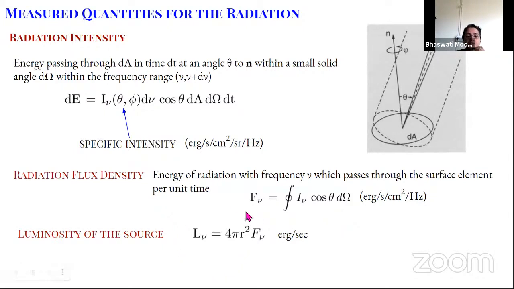If the flux density per unit area is f nu, and r is the distance of the source from the observer, then if you integrate over the entire sphere around the source, with radius equal to the distance to the observer, this is the total luminosity of the source that we will measure. So these are the three quantities which are important and which we will use.